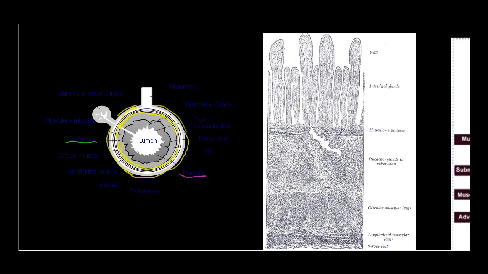And there's a longitudinal muscle that is in line. This is circular muscle, and then there's a longitudinal muscle which is in line, perpendicular to the plane of this surface, so it's going in and out of the paper.